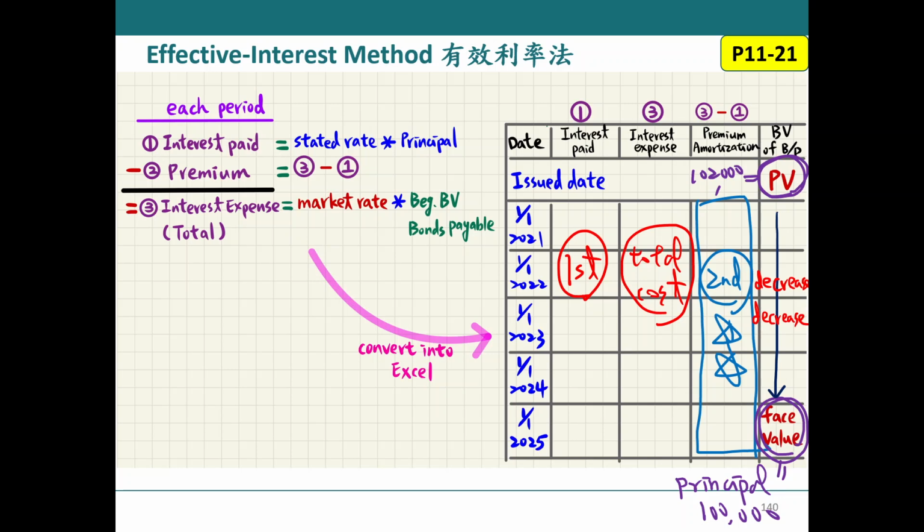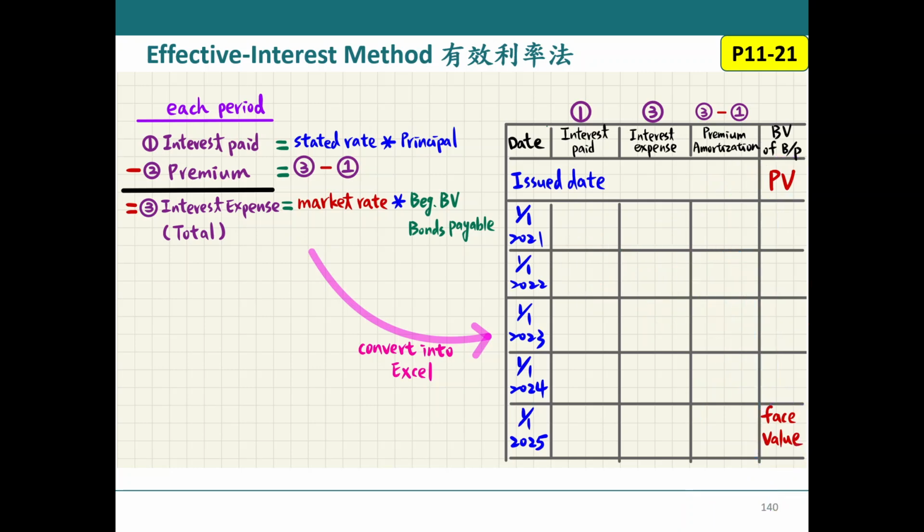Tell me why it's decreasing. Do you have any answer? Can you guess why the liability is decreasing over the period? It's okay. I'll finish the first period, then you will understand why.